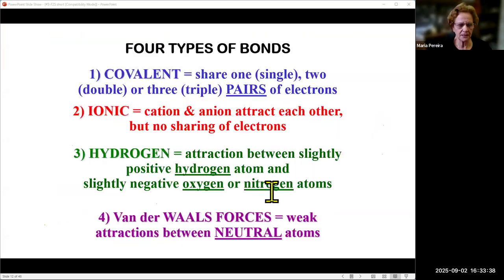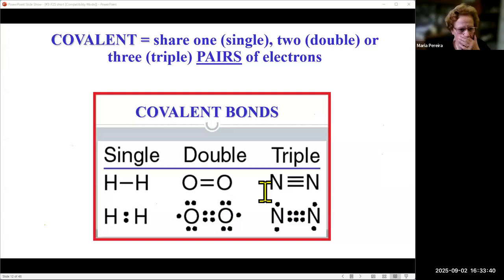Okay, so let's look at covalent bonds. Here you have two hydrogen atoms that are sharing one pair of electrons. So that's a single covalent bond. Here you have oxygen. It's sharing two pairs of electrons.